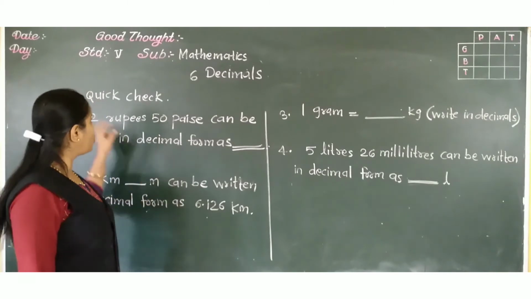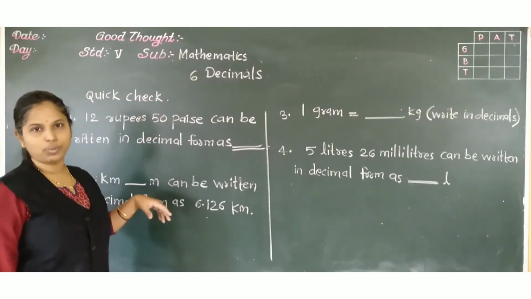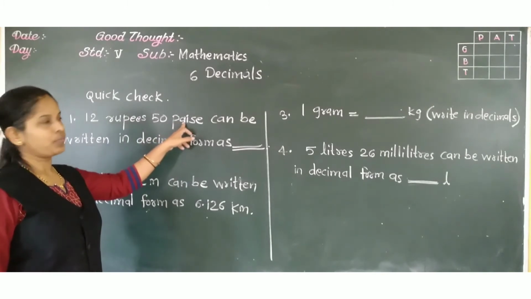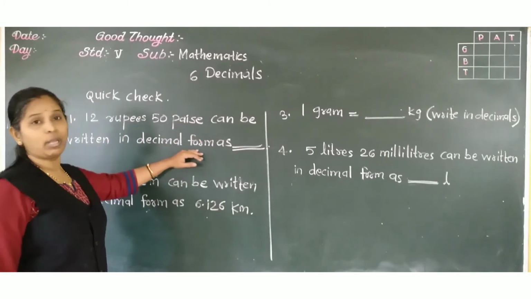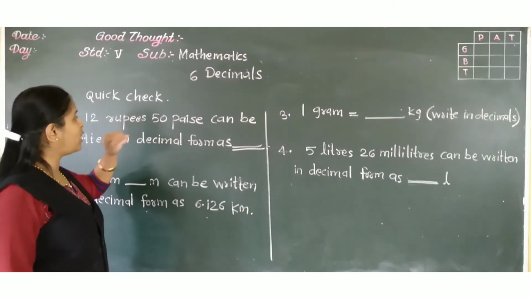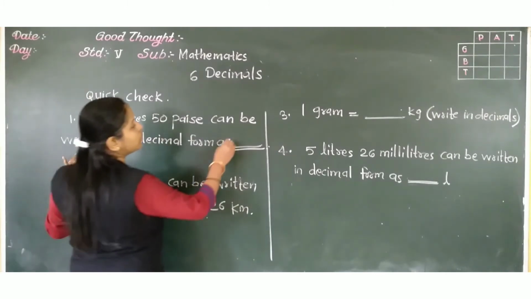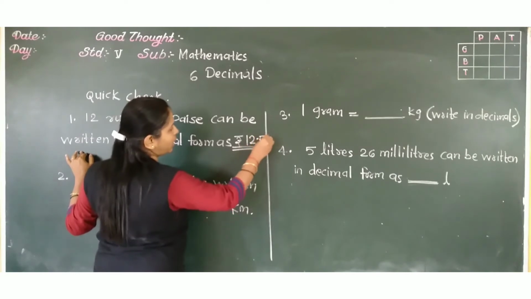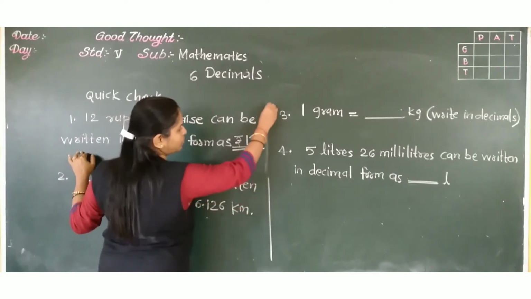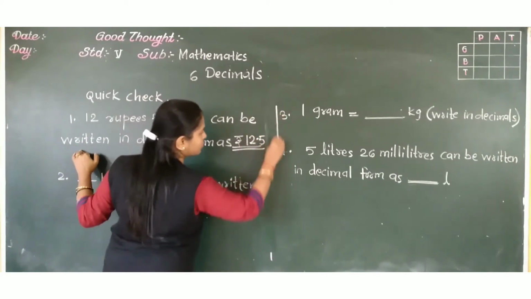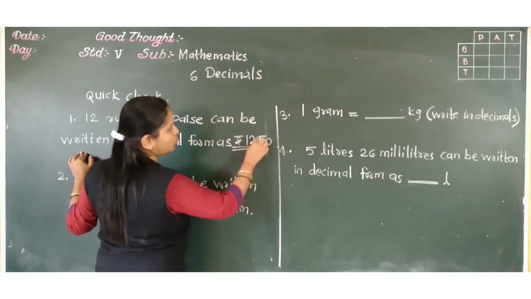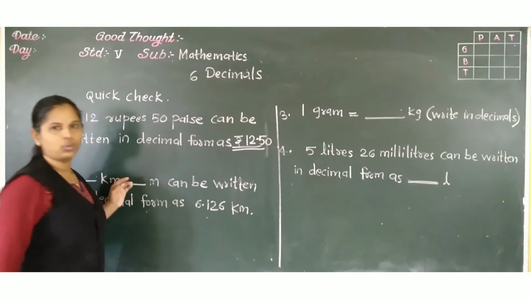Now let us solve quick check questions from the textbook. See here, 12 rupees 50 paise can be written in decimal form. In decimal form, how to write 12 rupees and 50 paise? Rupees 12.50. Okay?